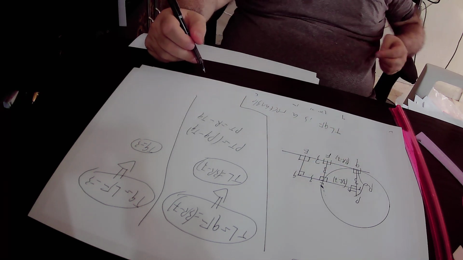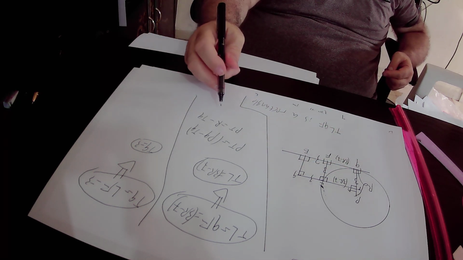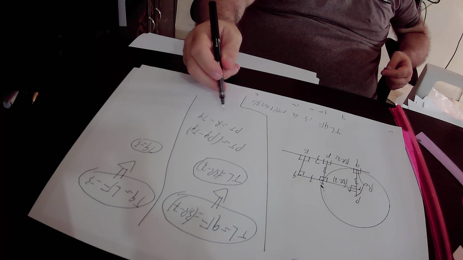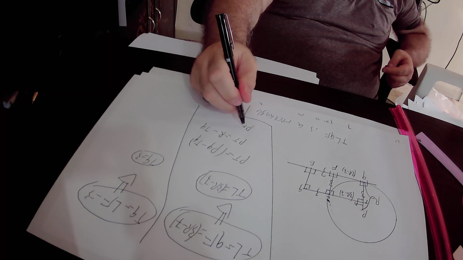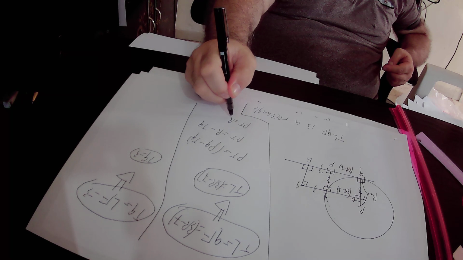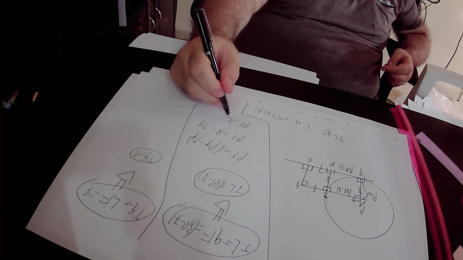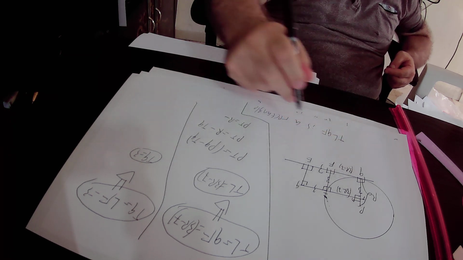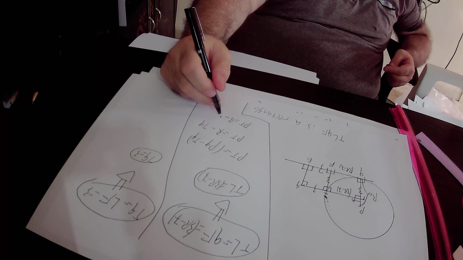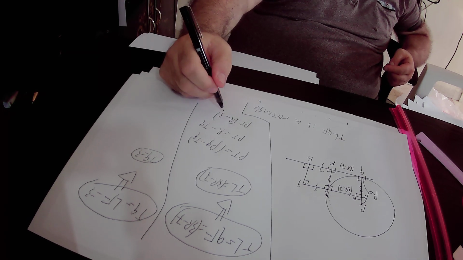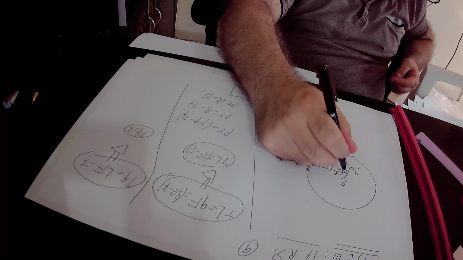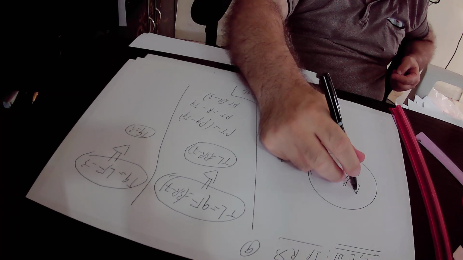So here we have the equation that PT equals R minus TQ, and we just found out that TQ equals 3 units. So we substitute TQ by 3 and we get that PT equals R minus 3.